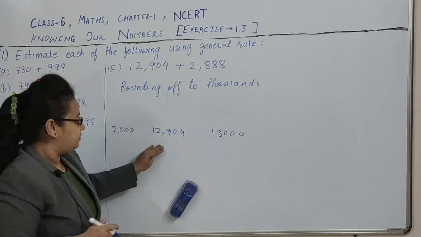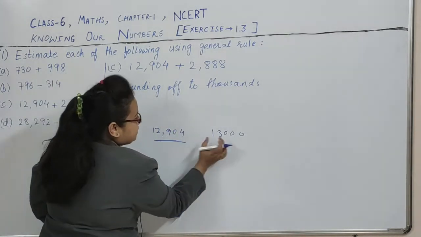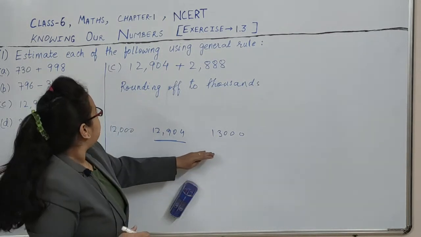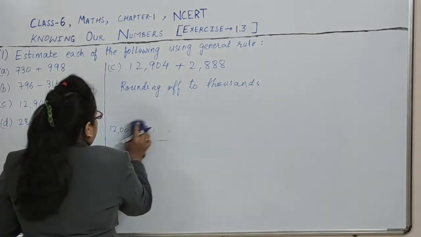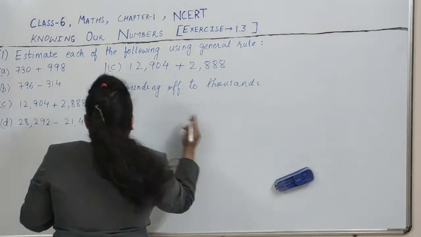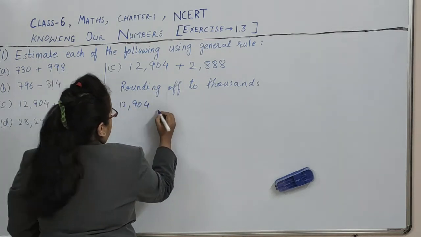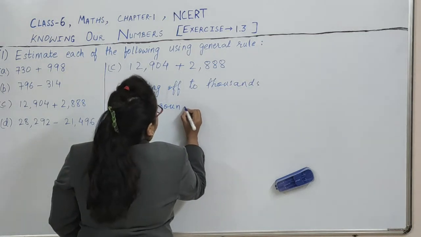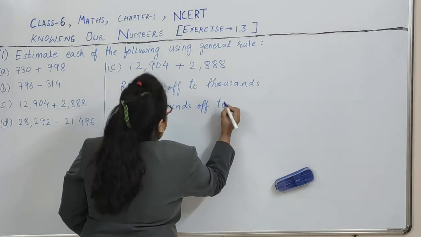This number is much farther from 12,000 and closer to 13,000. So it will be rounded off to 13,000. So 12,904 rounds off to 13,000.